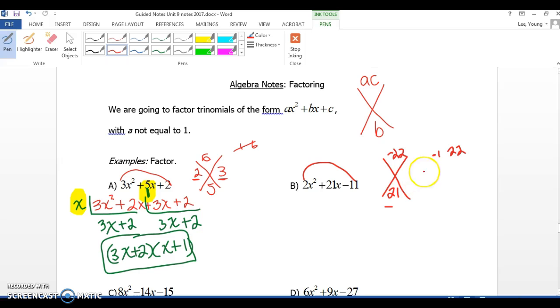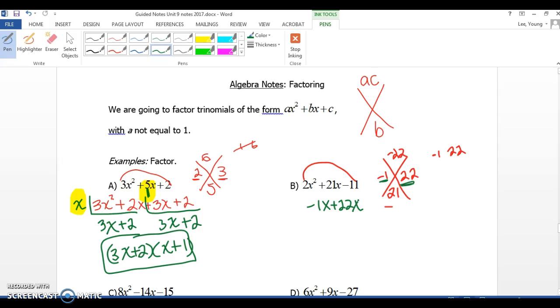Excellent. Now, once you can come up with the numbers, this is really a piece of cake. So if you look at this 21, can I rewrite that into negative 1x plus 22x?